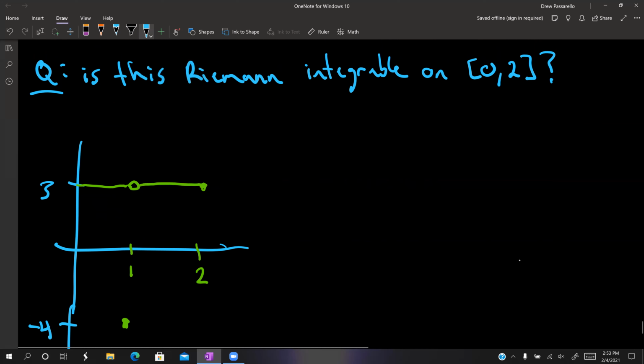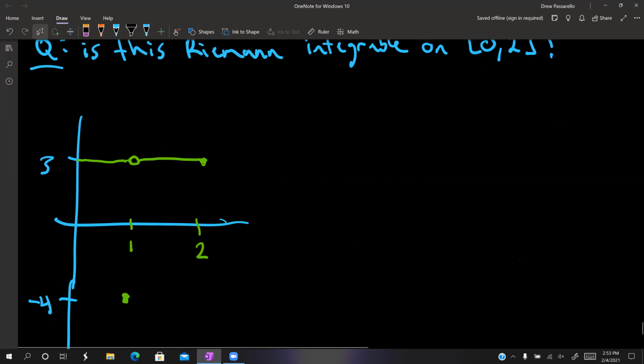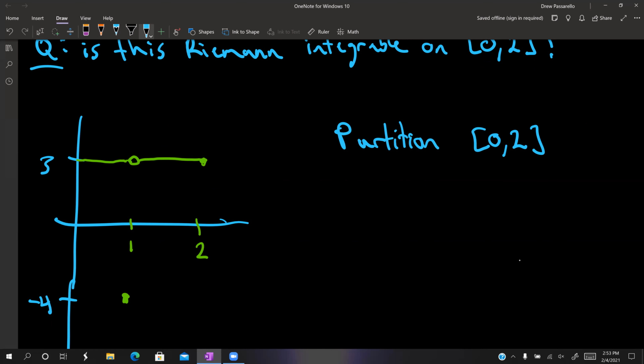All right, so we slice up our interval. Partition 0, 2 to any tagged partition.